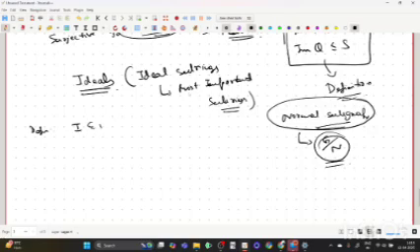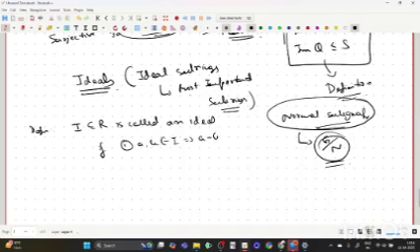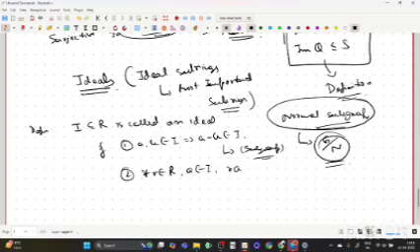A subset I of R is called an ideal if, number one, A and B in I implies A minus B is in I. So you can observe that this satisfies the condition of being additively closed. It does not immediately give a subring structure, but it gives a subgroup structure, a subgroup of the additive group induced by the ring. And number two, for every r in capital R and every a in I, ra and ar are both in capital I.